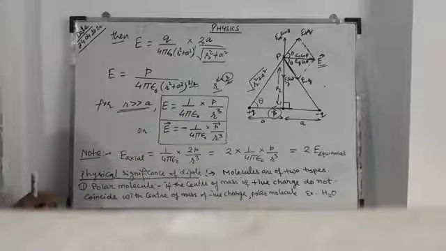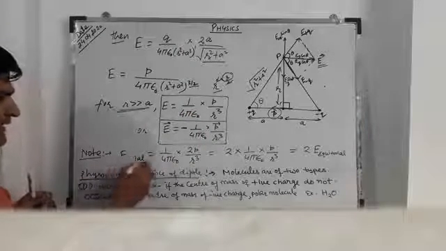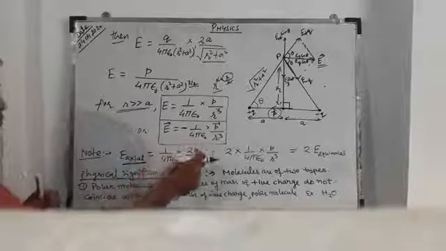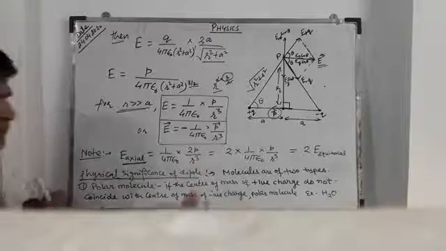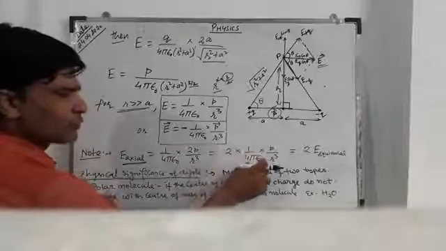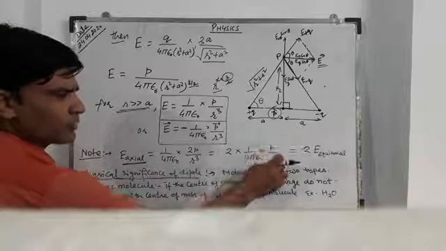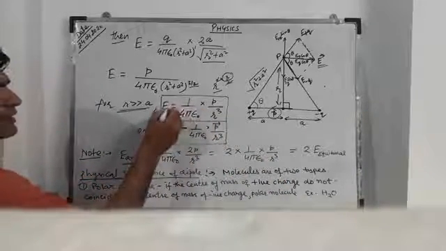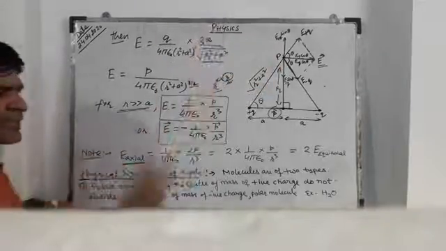Okay. Now, as we know that E axial is equal to 1 upon 4 pi epsilon naught 2p upon r cube. Then, if we take 2 as common, then we get 1 upon 4 pi epsilon naught p upon r cube. But this is the value of electric field on the equatorial line.